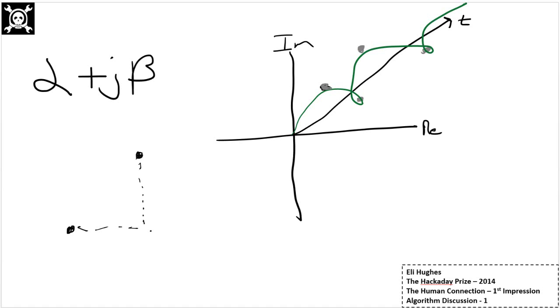We have beta in this direction, and alpha. And maybe that's like a vector. Well, we have some angle here. And we can get the angle with arctangent, right? Arctan.